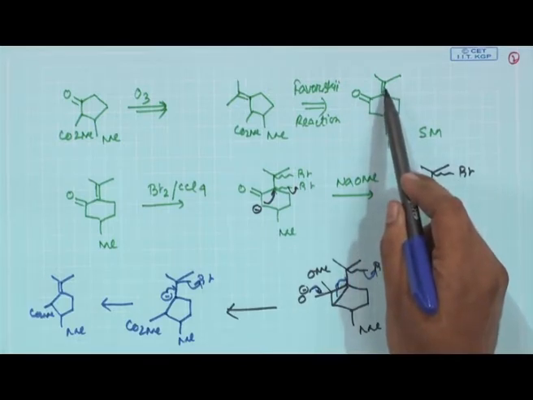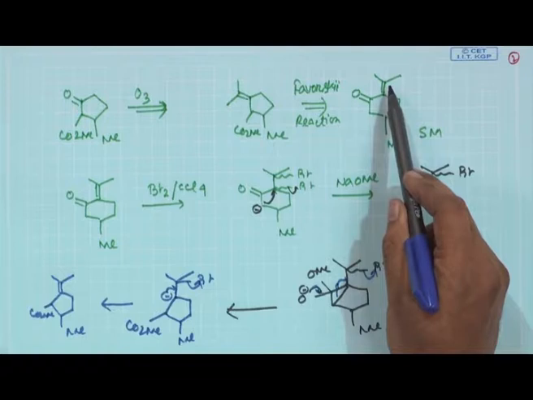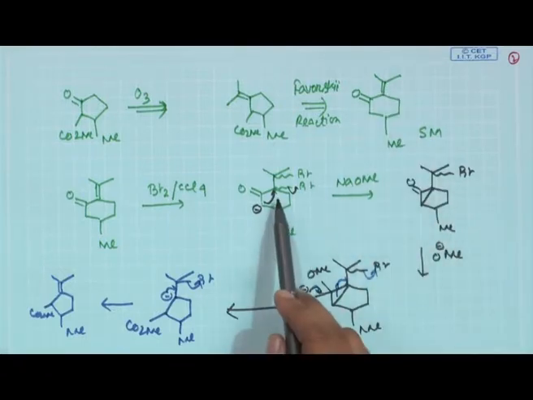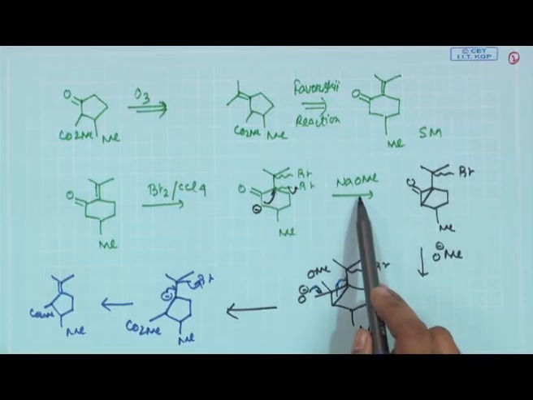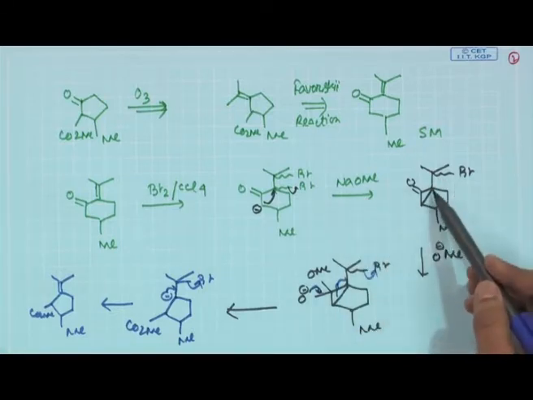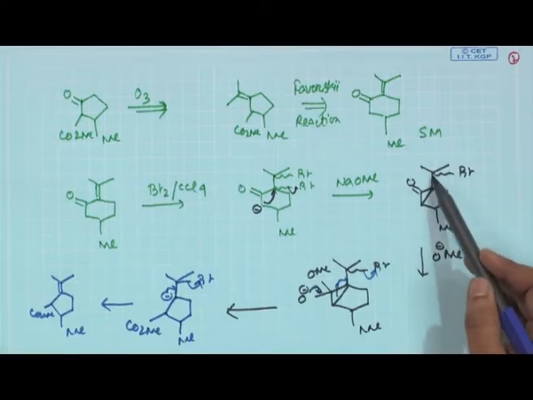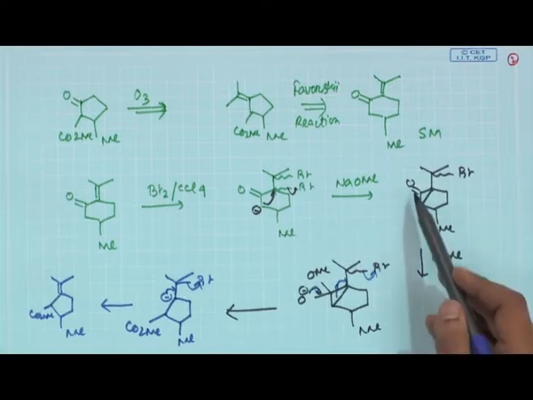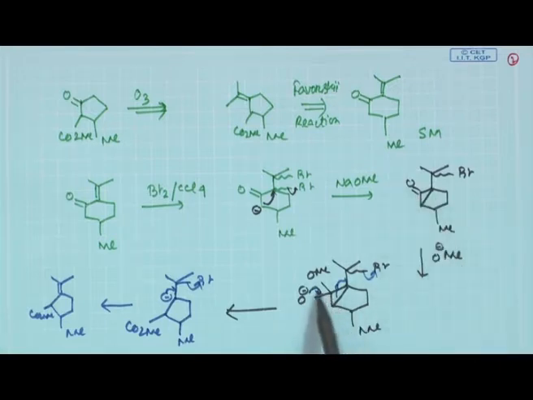This is a nice demonstration of the Favorsky reaction, where the initial starting material has an isolated double bond, and this isolated double bond you first brominate to make a dibromo species. Once this dibromination takes place, you then start with the Favorsky reaction. The Favorsky reaction gives you an initial cyclopropanone intermediate with this bromine remaining here. Now, this methoxide attacks the cyclopropanone and you get this compound.